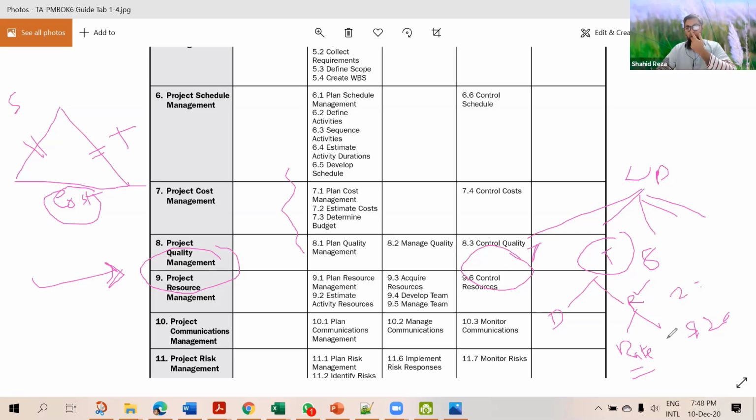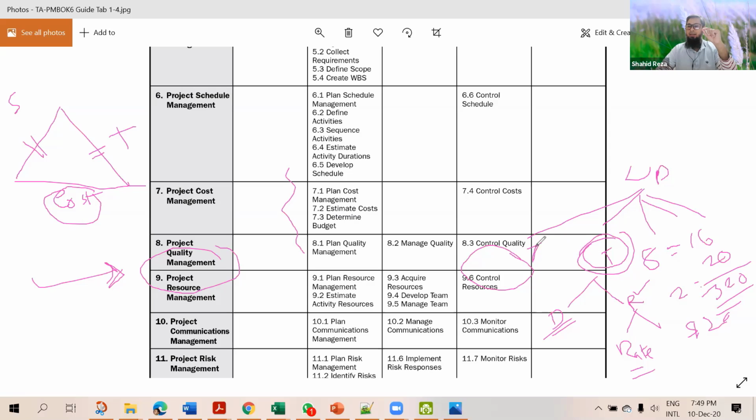We already know the duration from the schedule chapter, that is 8 hours. So 8 hours into two people, that means total 16 man hours. And every hour is $20. So if we multiply by 20, we will get $320. This way we can easily identify the cost for this task.